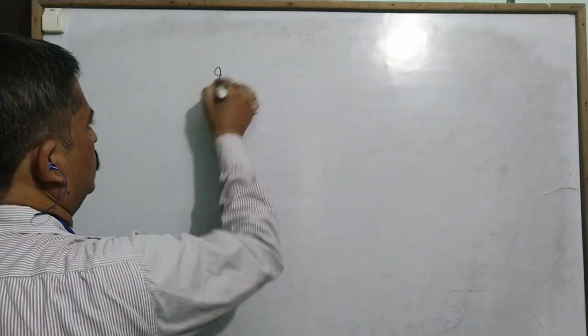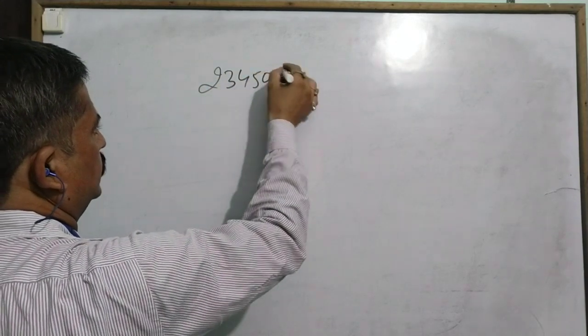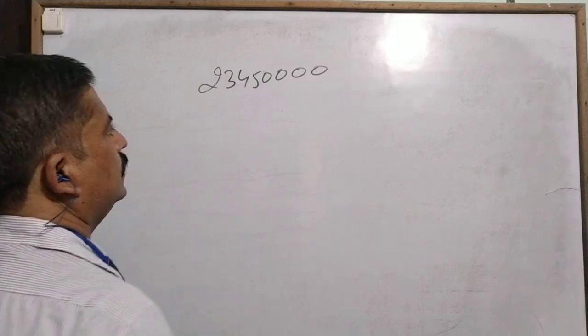In exponents, someone asked what the standard form is. Standard form means you write any number in a standard form, like 2, 3, 4, 5, 0, 0, 0, 0.